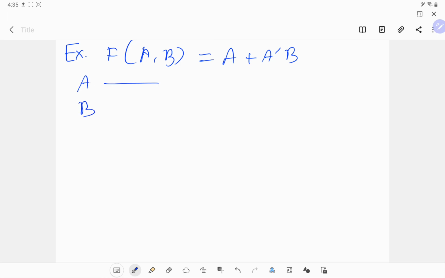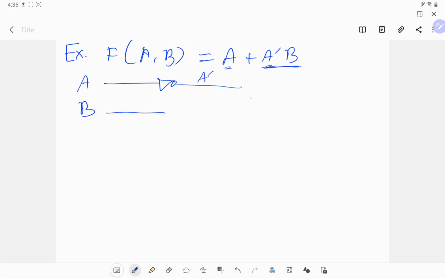Now we got another example here for the similar task. The function that we have is of 2 variables equals A plus A prime B. So for drawing this function, what can we do? We have 2 inputs, A, B, and so we got A, we need A prime, so we need an inverter, and it will give us A prime.